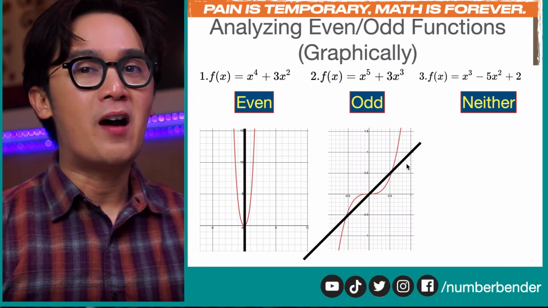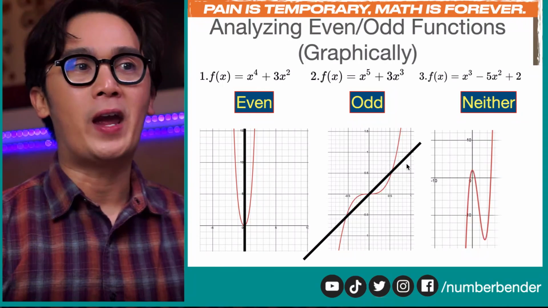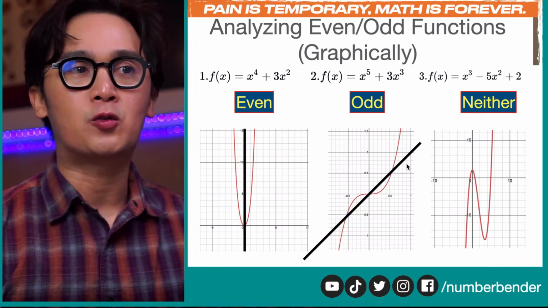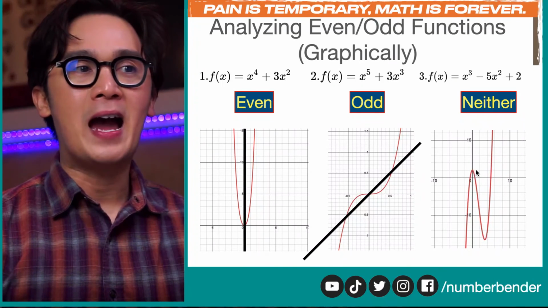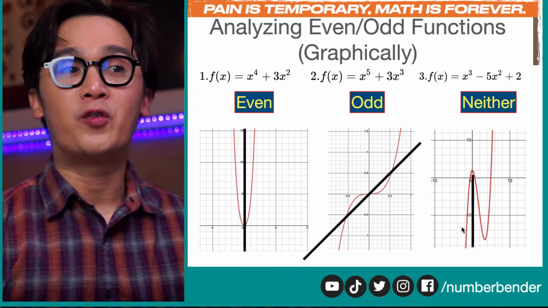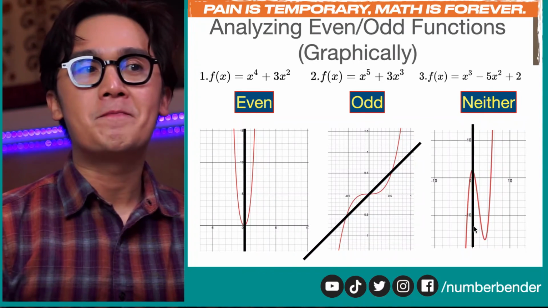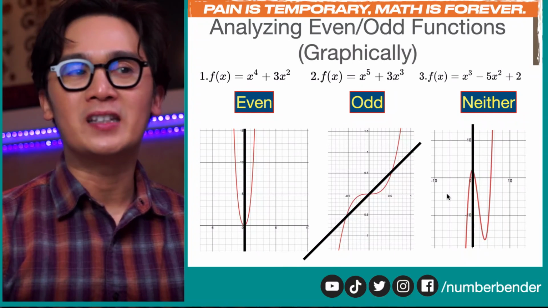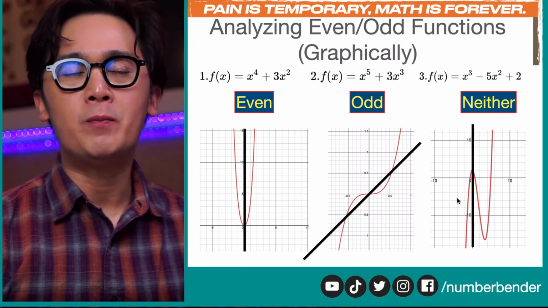Now, what about a function that's neither odd nor even? This is how it will look like. So x to the third minus 5x squared plus 2. This is a cubic function. And you will see that using our first test, our y-axis test, the symmetry is no longer visible in our cubic function.